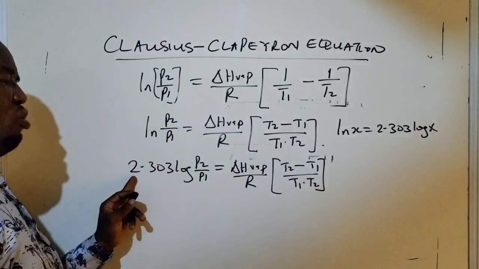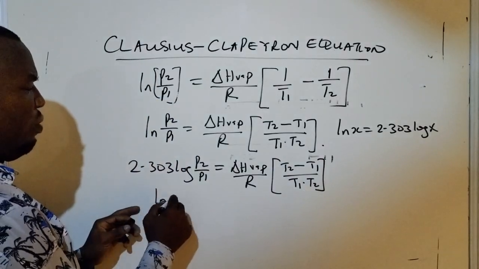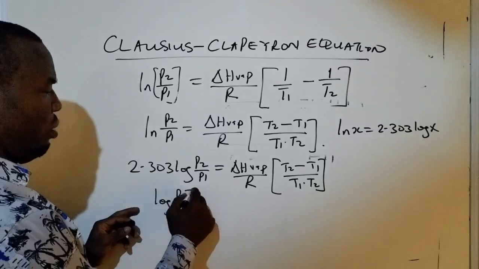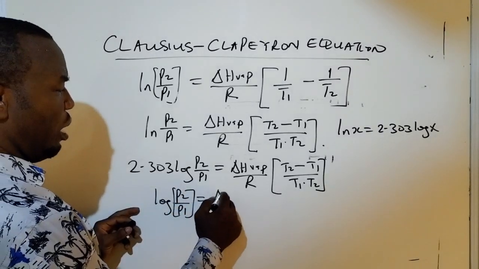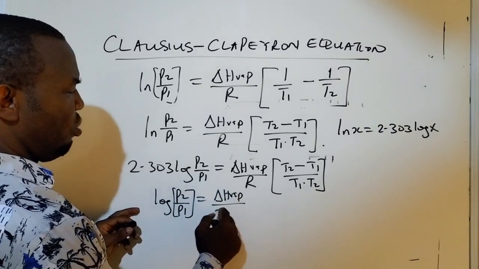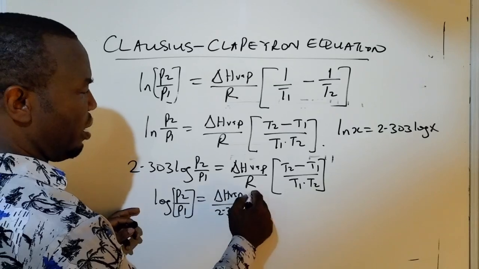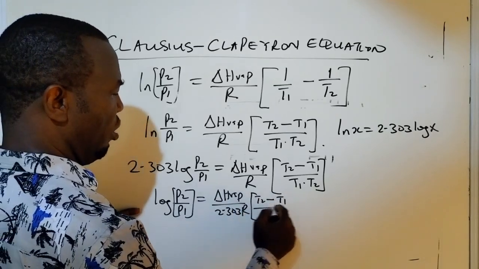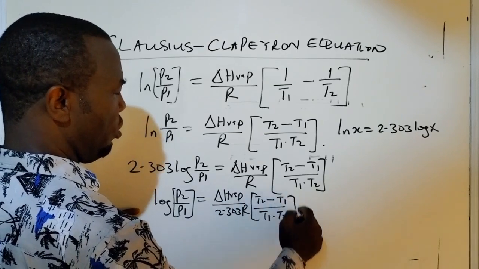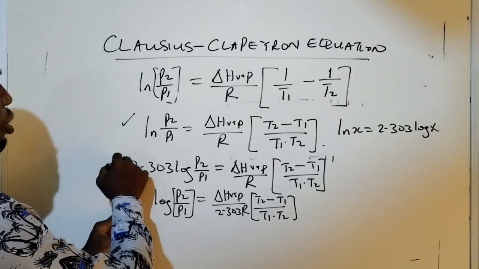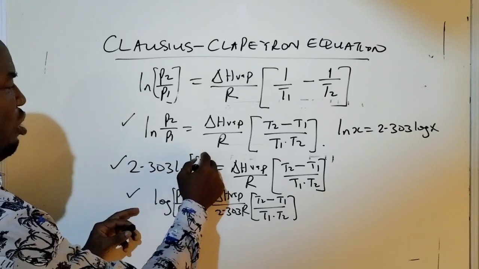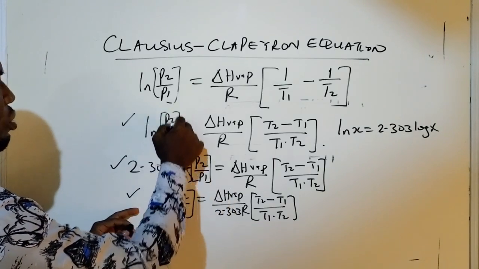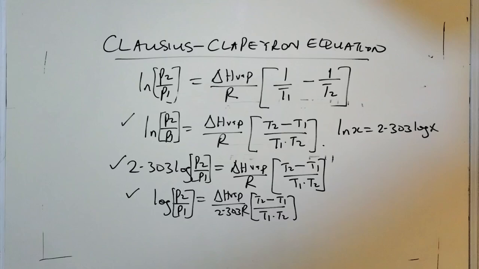You can divide both sides by 2.303 and I have log P2 over P1 equal to enthalpy of vaporization all over 2.303 R, bracket T2 minus T1 all over T1 times T2. So either this equation or this one demonstrates the Clausius-Clapeyron equation for a substance in gaseous phase, taking the initial and final state into consideration.